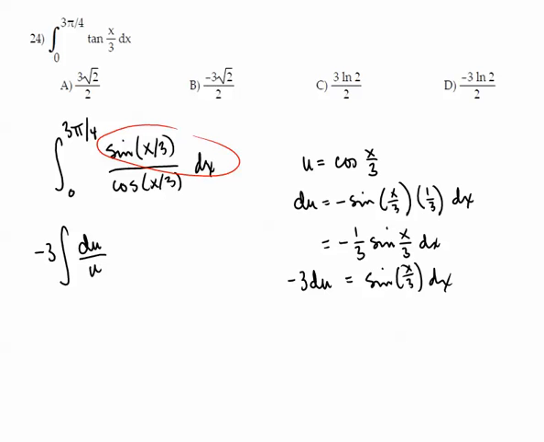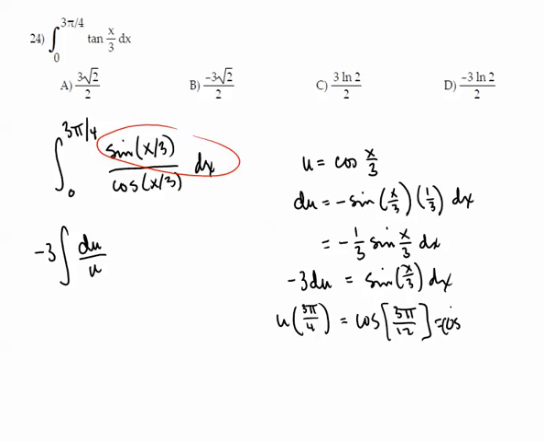Alright, so when x is equal to 3 pi over 4, what would u be? u would be cosine of 3 pi over 4 over 3, so that would be 3 pi over 12, which is just pi over 4.